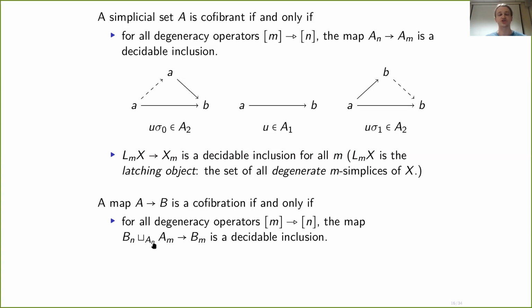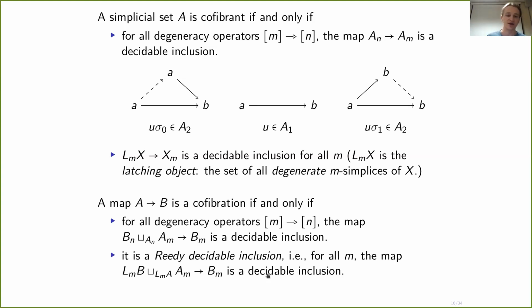So the proposition that a simplex is degenerate or in the image of a subset is supposed to be decidable, and that's again equivalent to a decidable inclusion. It's the same thing, but degenerate in the abstract, not necessarily with respect to a particular degeneracy operator.